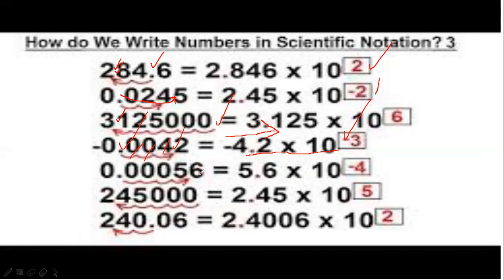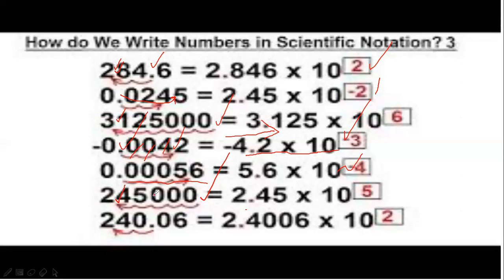The next number is 0.0056. So 5.6 cross 10 raised to power minus 4 is the scientific notation. Next, 24500 is 2.45 cross 10 raised to power 4. This is the initial position of the point, and this is the final position.